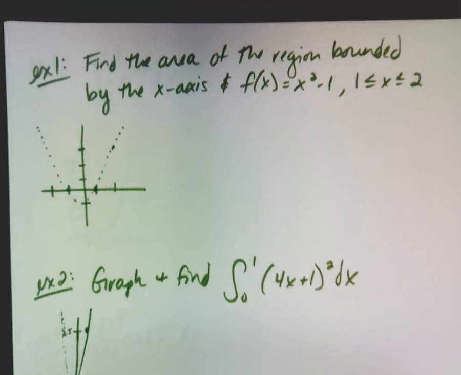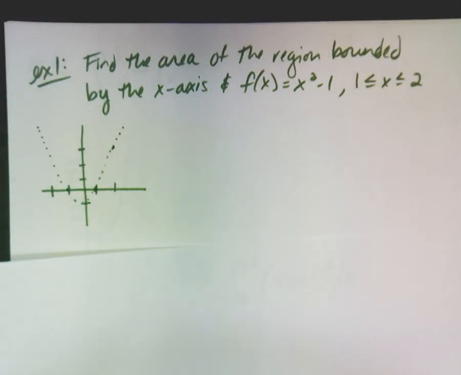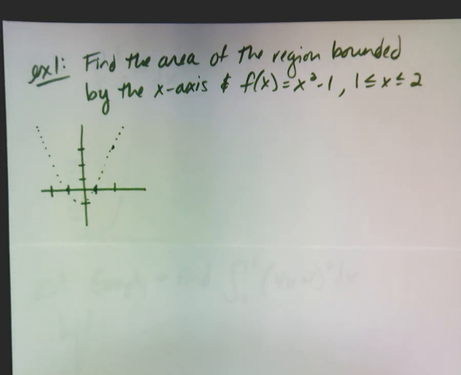I pre-wrote these examples, and I've already actually graphed them. You can obviously graph them on your calculator, but I am going to go through these, what do we have, six or so examples. All right, so here's what I want to see you do tonight.